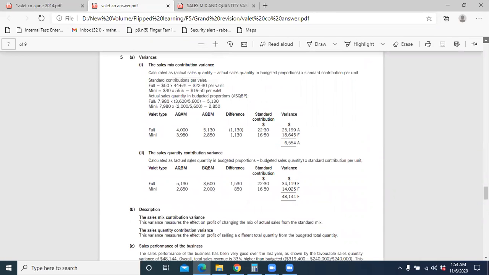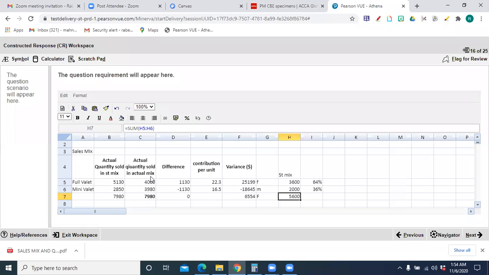What happened here? Oh, what happened? This was supposed to be here. All of this column was supposed to be here, and this column was actual quantity sold in standard mix.